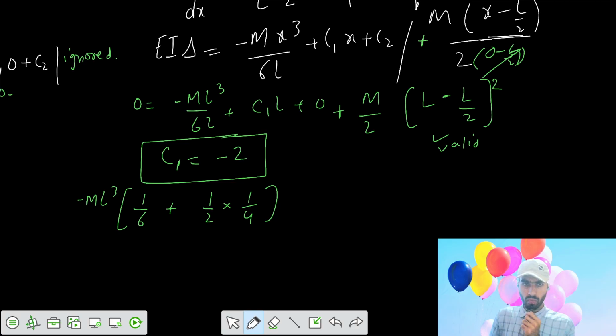Then we have M L minus L by 2. This one is your negative, so we have to write minus times 6 inverse.